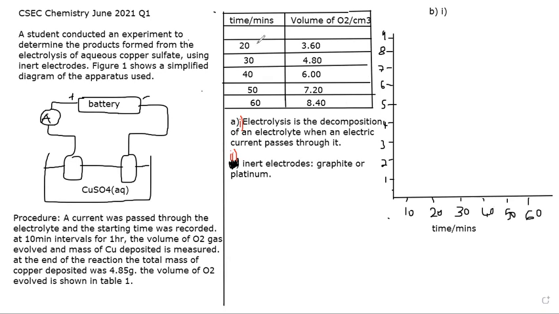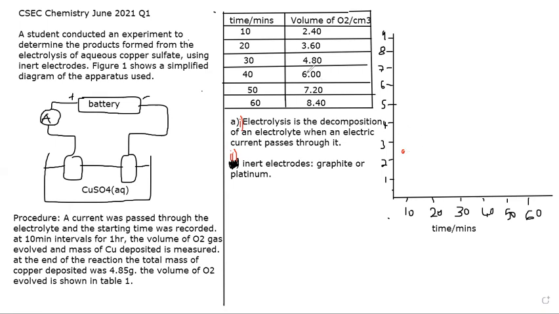The first value for the time is 10, and the volume is 2.4. So we have 10, and 2.4 is approximately midway between 2 and 3. So we're going to put a point right there.